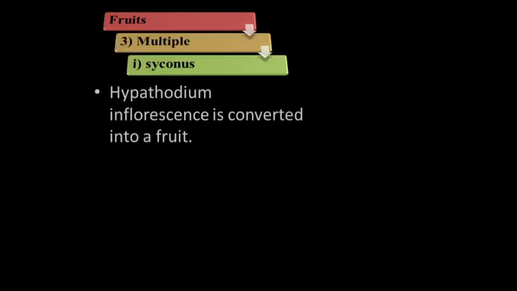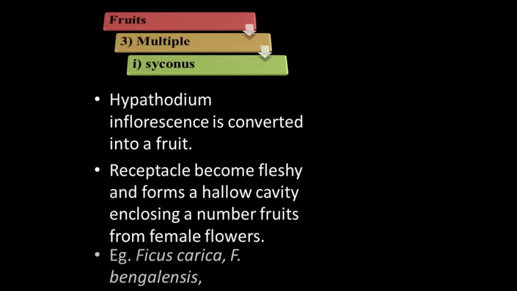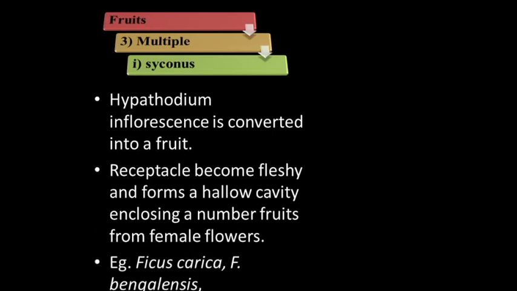The next category in the case of multiple fruits is the syconus. The hypanthodium inflorescence is converted into a fruit. The receptacle becomes fleshy and forms a hollow cavity enclosing a number of fruits from female flowers. Example, Ficus carica, Ficus benghalensis.